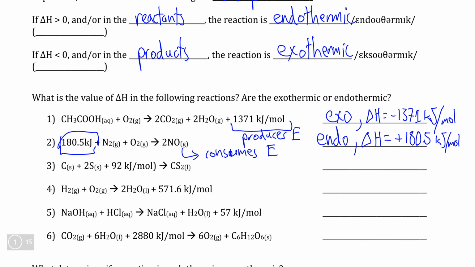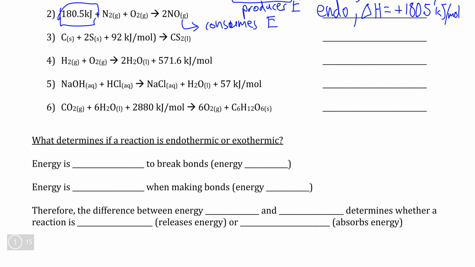And from there, you can use these equations below to practice identifying whether an equation releases energy or whether it consumes energy, and identifying the direction of delta H, whether it is negative when the reaction produces energy or positive when it consumes energy.